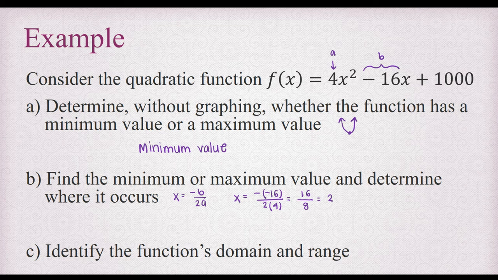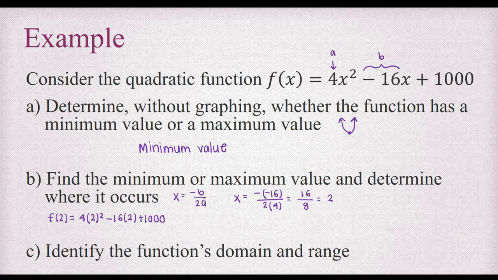Now we have to determine what it actually is, though. So I'm going to be substituting that number into my equation. Essentially, I'm finding f(2). So I want 4 times 2² minus 16 times 2 plus 1,000.